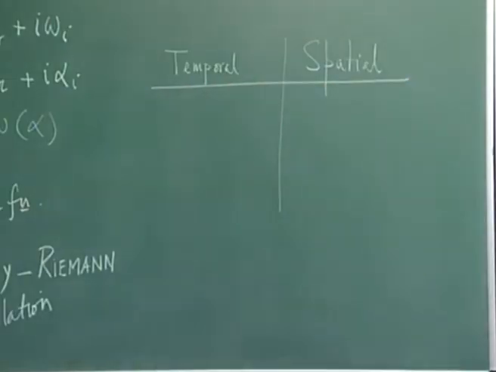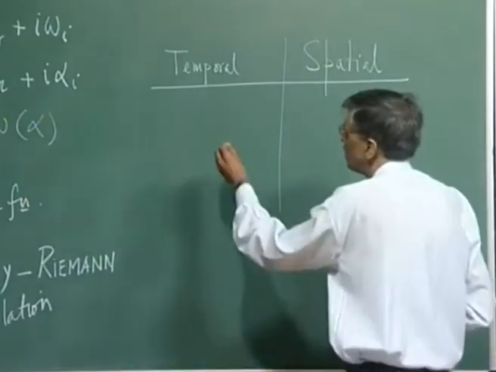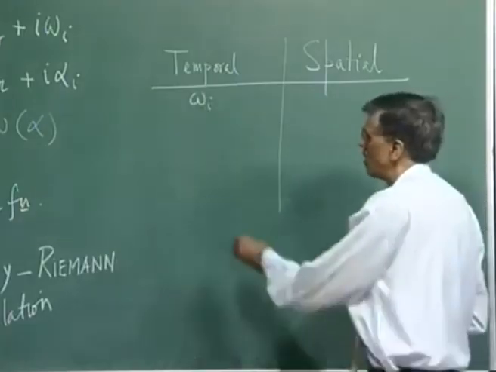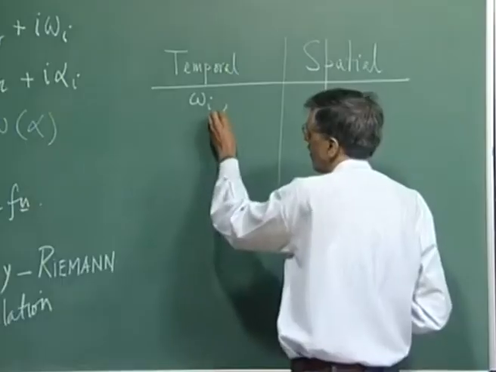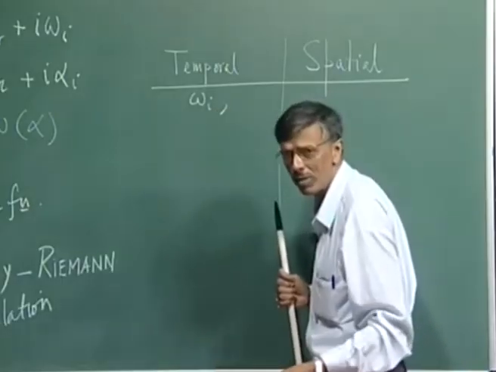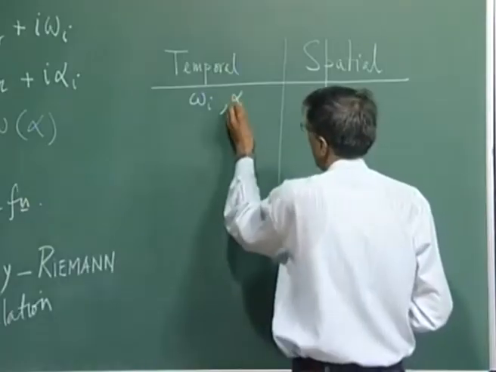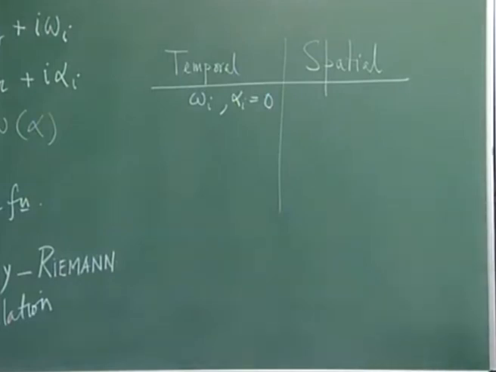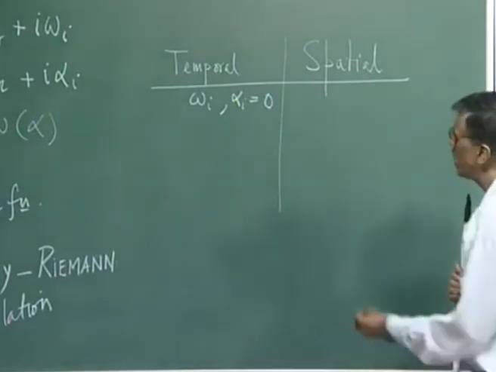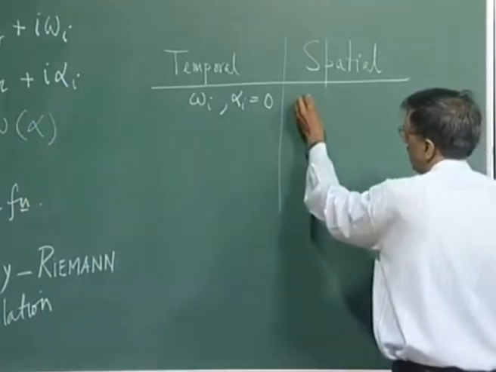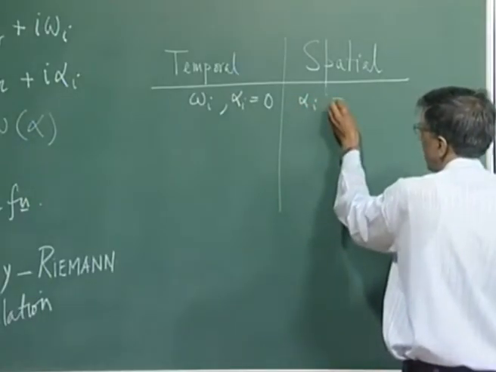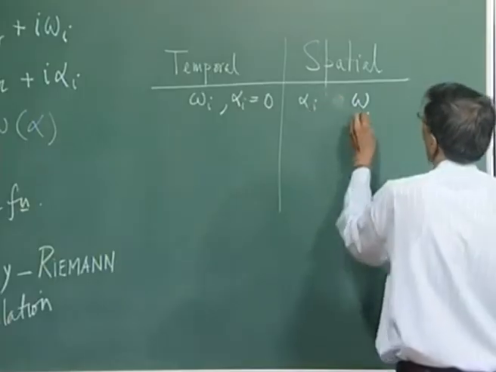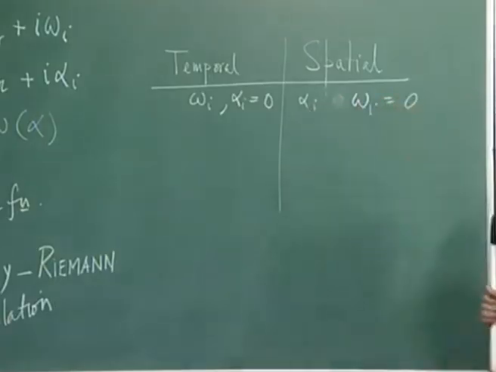For a temporal theory, we have omega I, right, and the corresponding spatial growth rate for temporal theory is 0. If I adopt instead a spatial theory, then I have alpha I, and the corresponding omega I should be equal to 0, right.